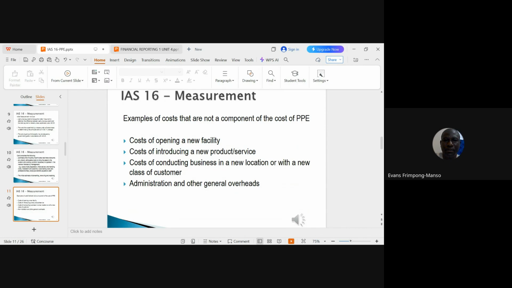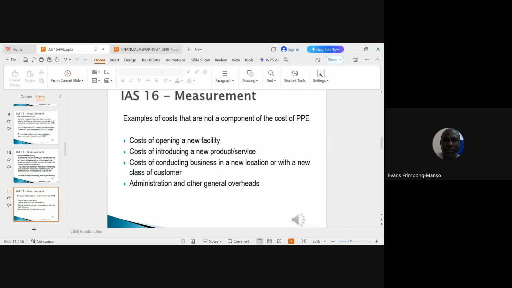Examples of costs that are not a component of the cost of PP&E. So, what you see on this slide, if you incur cost on them, it is not part of the cost of the property, plant, and equipment. Example, cost of opening a new facility is not part of the cost. Cost of introducing a new product or service is not part.